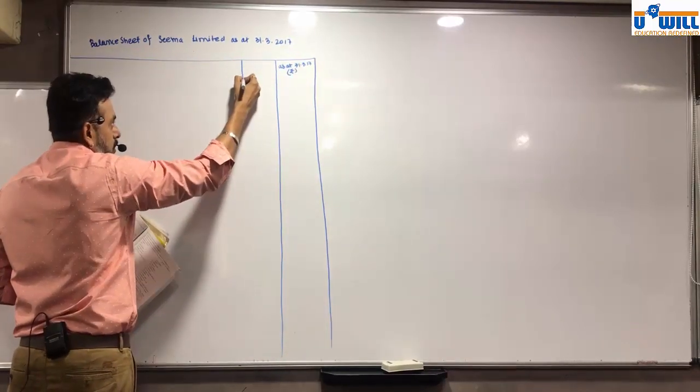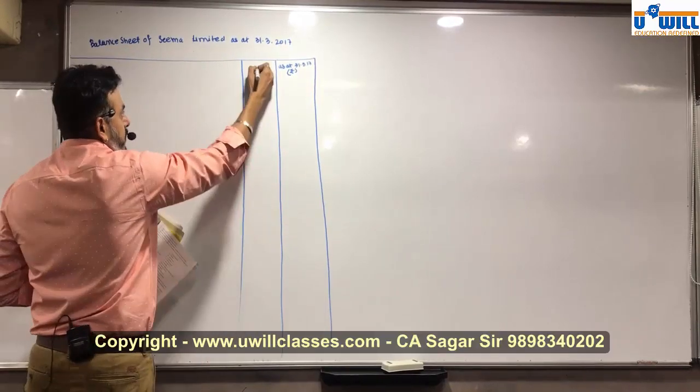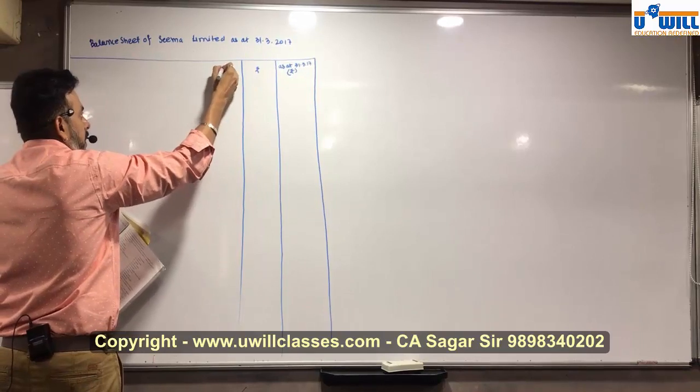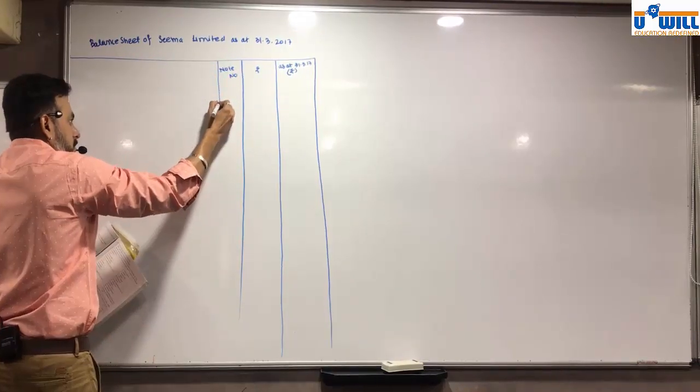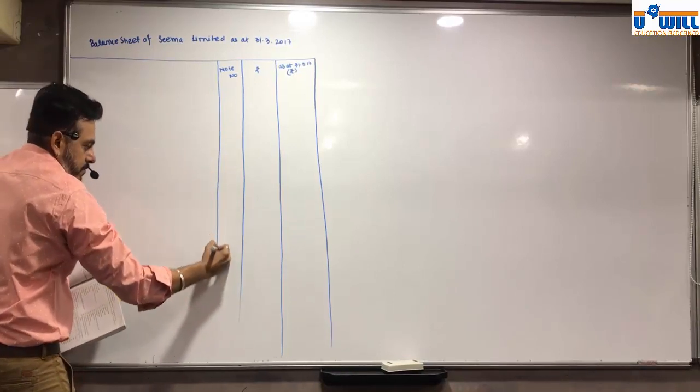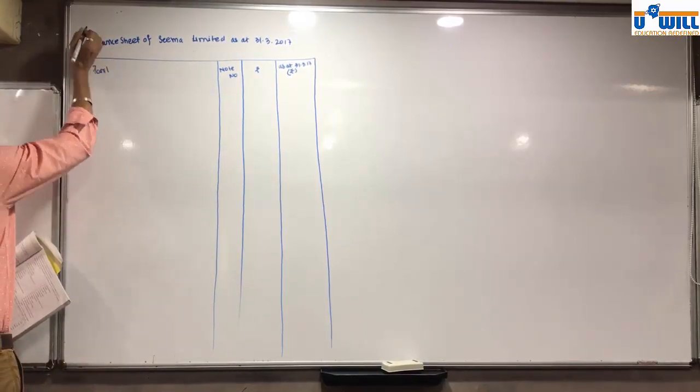Then we'll have an inner column, only rupees, and then note number, if any, and then particulars.